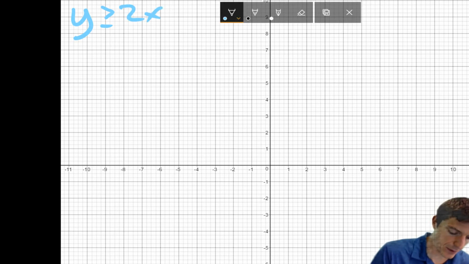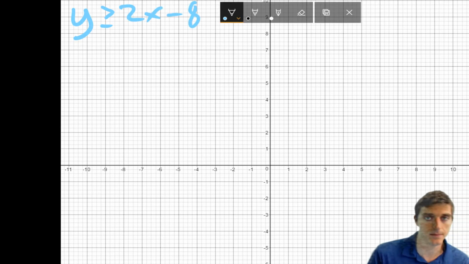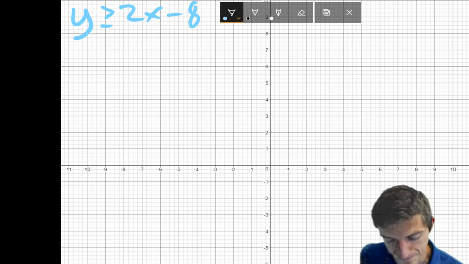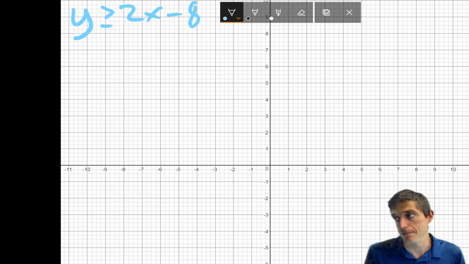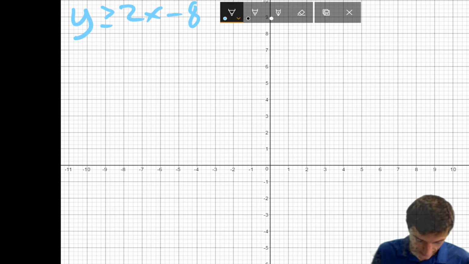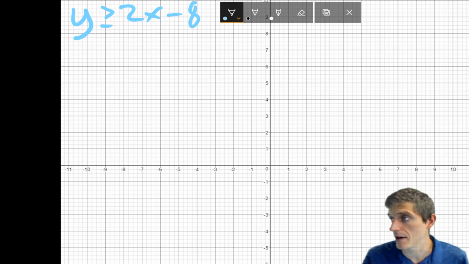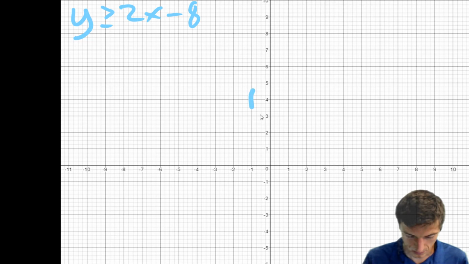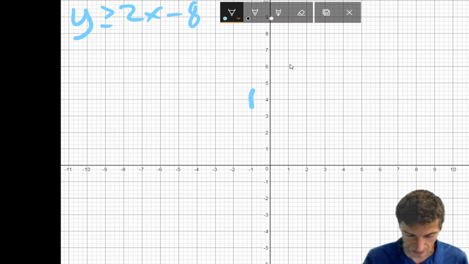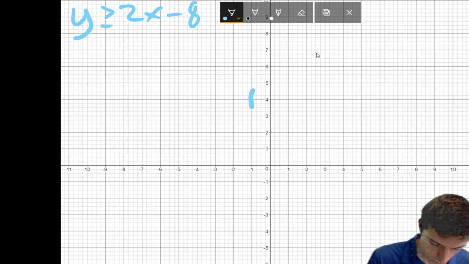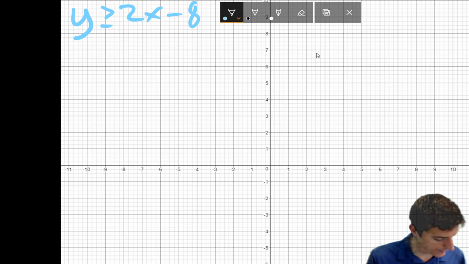The hardest part for this is that I'm sloppy, and maybe you are too. The other thing that's hard is I didn't make my graph go down far enough. Let's see if that's an easy fix. No, it's not an easy fix. Okay. So you're going to have to trust me that there's a dot.